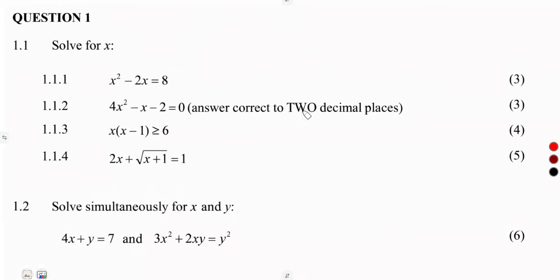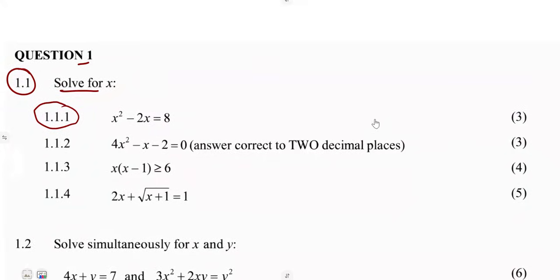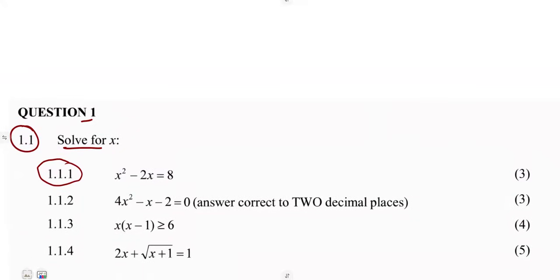All right, question one, 1.1, you're given to solve for x. So let's consider 1.1.1. This equation that we are given, we can see that it is a quadratic. We understand the format ax squared plus bx plus c must be equal to 0.